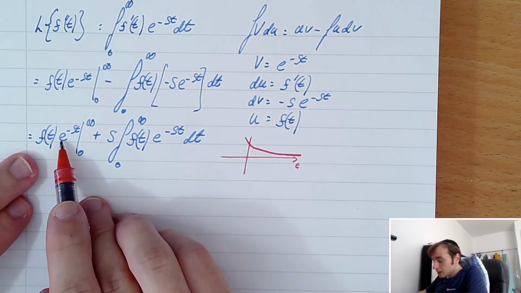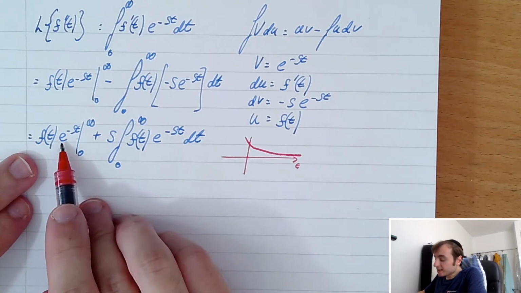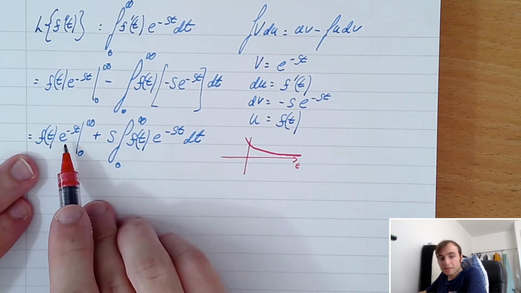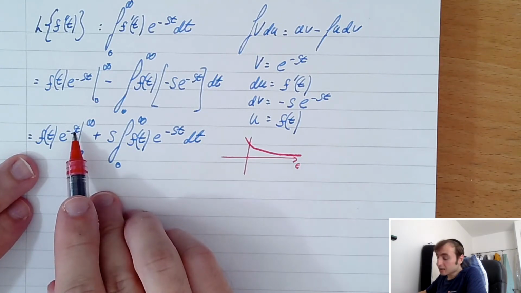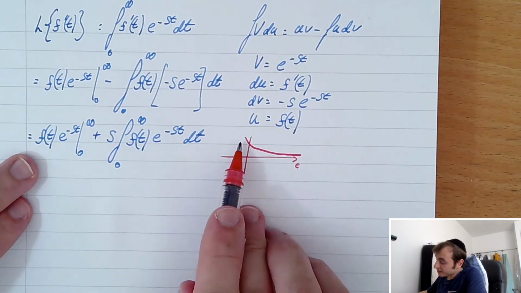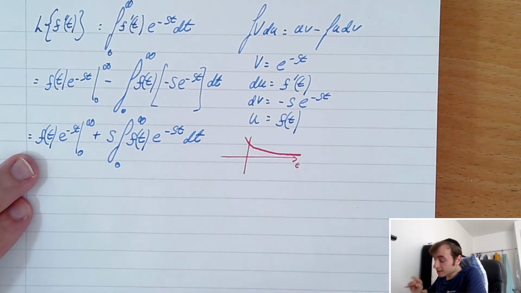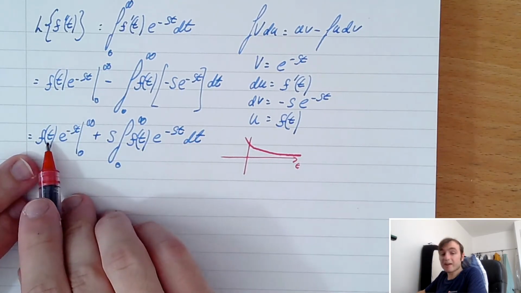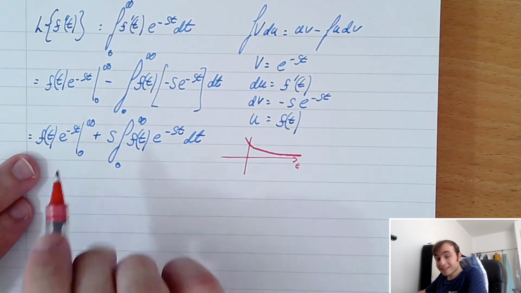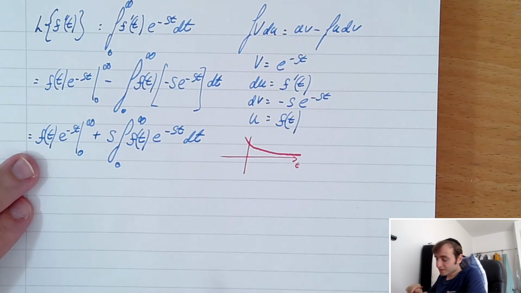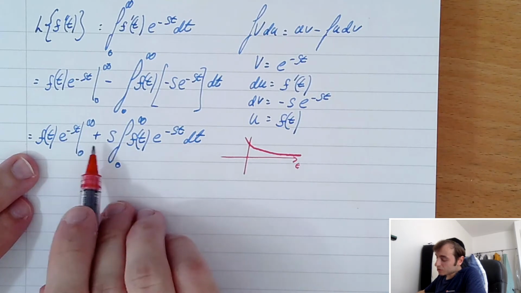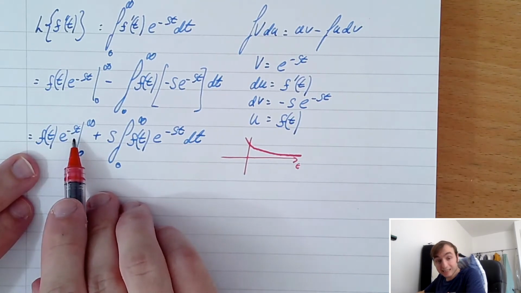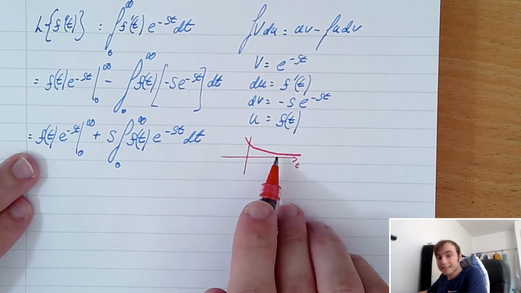However, do you remember at the very beginning we said that a condition of Laplace transforms is that the magnitude of s is large enough such that the product of this function and this function when t tends to infinity is 0. That's a very important point. So we can say that as t tends to infinity, the product of f of t and e to the minus st is indeed going to tend to 0.